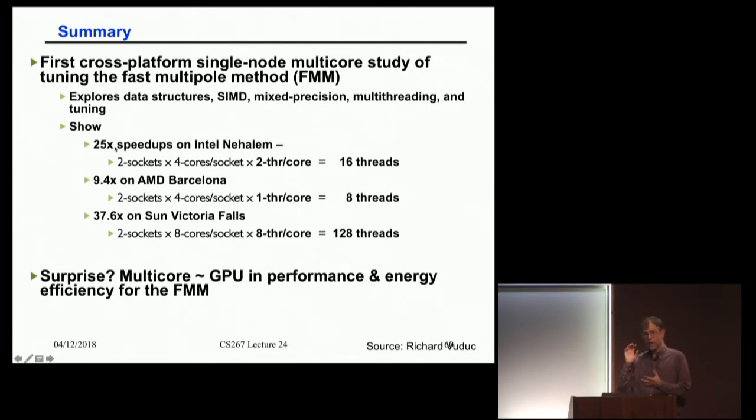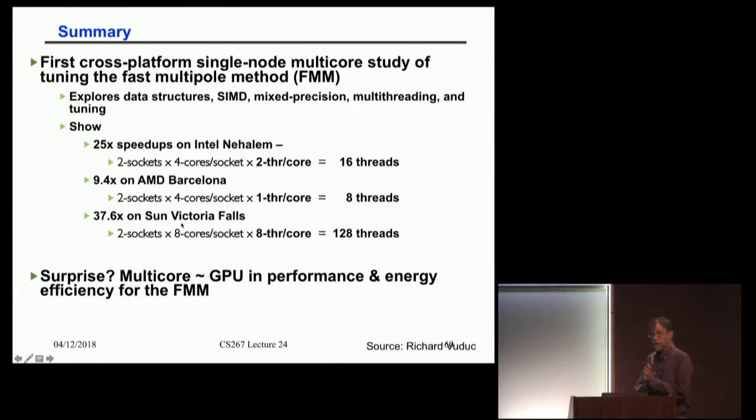That's because there were a bunch of sequential implementations, algorithmic optimizations they did that I'll describe, plus the parallelism from this. In the case of the Barcelona, 2 sockets, 4 cores per socket, just 1 thread per core, so a potential of 8-fold speed up just from parallelism, and they got a 9.4, again, from doing all these other optimizations that I'll tell you about.